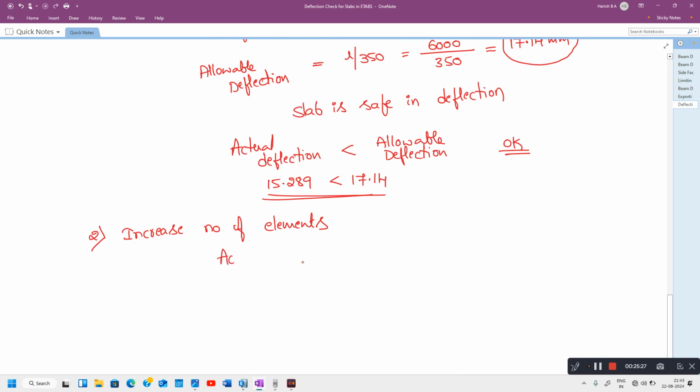So in this case, the actual deflection is 5.54 millimeter. As per the code, the allowable deflection is the same, span by 350, which means 17.14 millimeter. The code allows the slab to deflect by 17.14 millimeter, but the actual deflection seen is 5.54 millimeter.